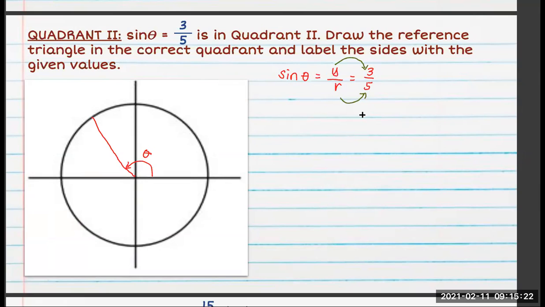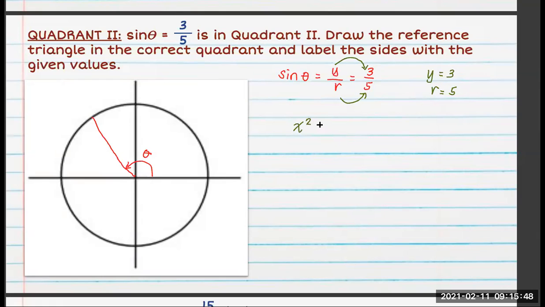The quadrant would always be given to you. So you have y is equal to 3 and r is equal to 5. Okay? So what's missing here? You have y and r, we need to find the x. Okay, so let's find the x.